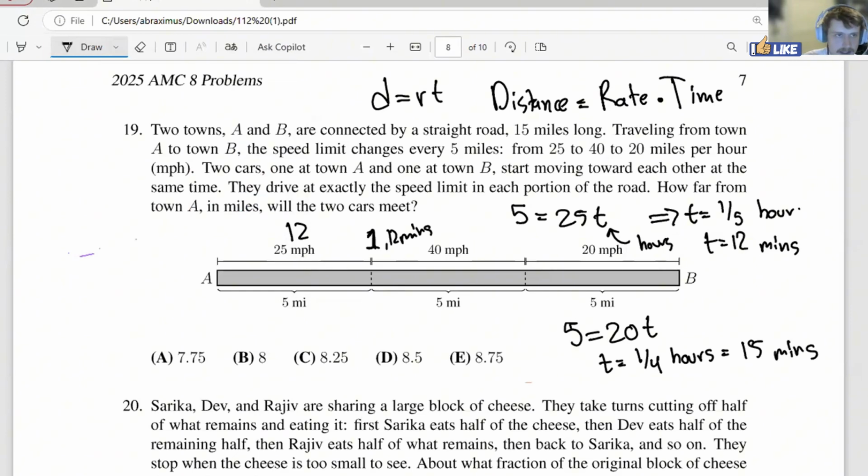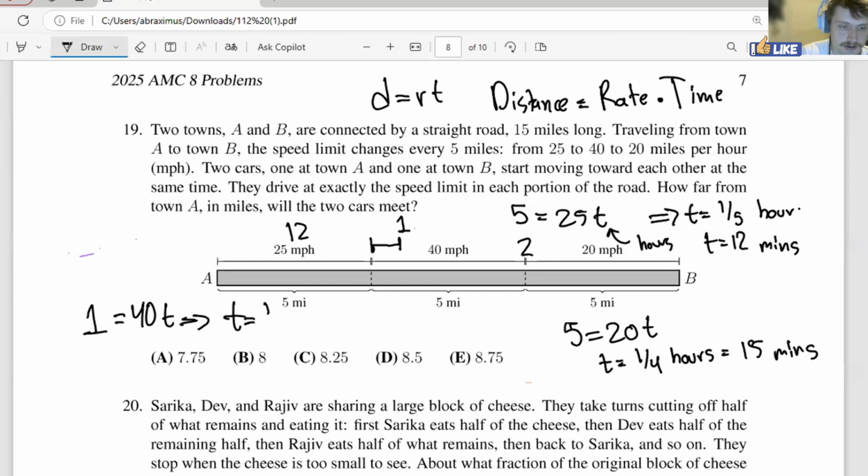Okay? So by that point, when driver 2 is here, driver 1 has been driving at 40 miles per hour for 3 minutes. Okay? At 40 miles per hour for 1 mile, how many miles per minute are they going? So that's 1 is equal to 40t.